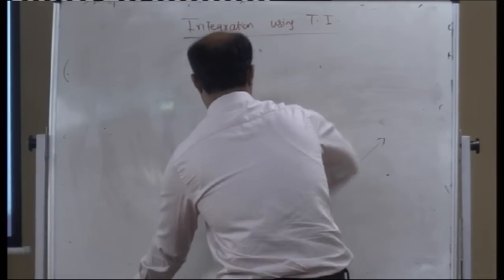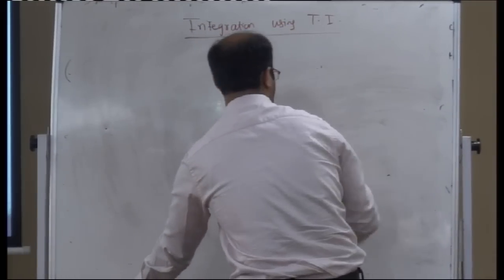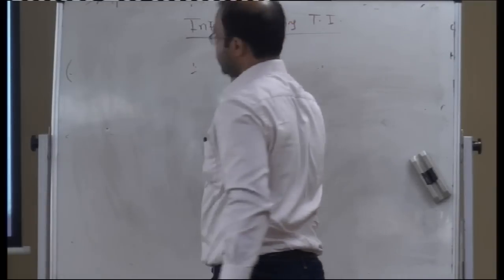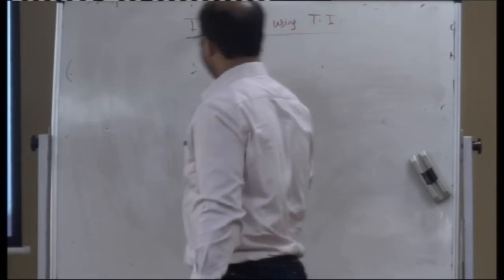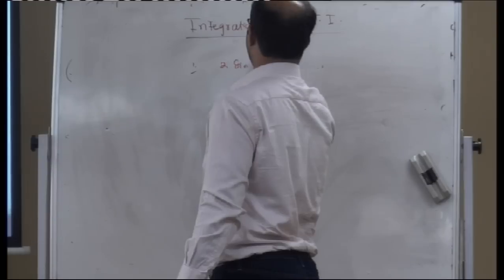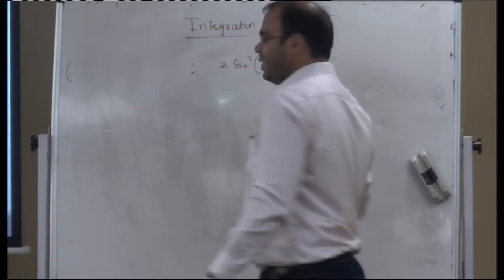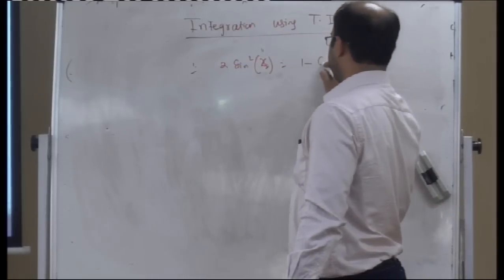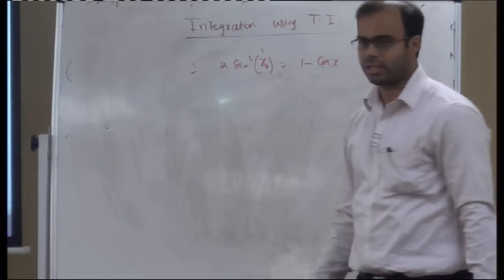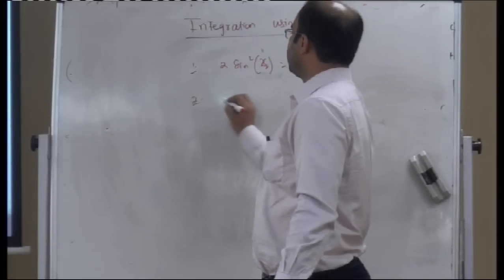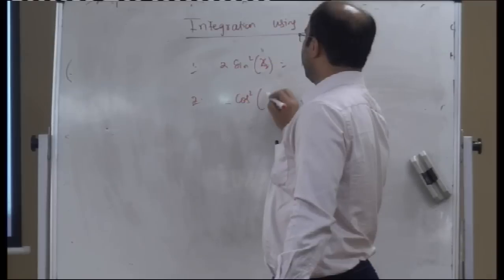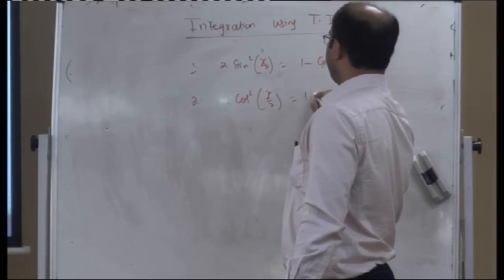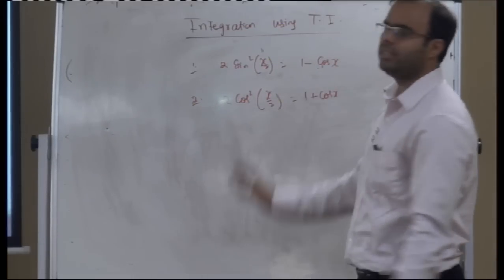When we take the first one, if it is given 2 times sine square x by 2, you can make this change: this is 1 minus cos x. If you get a term like 2 cos square x by 2, you can write it as 1 plus cos x, as we have already studied in trigonometry.